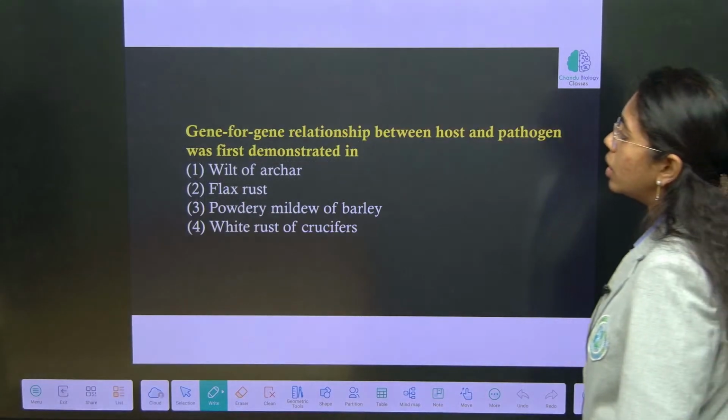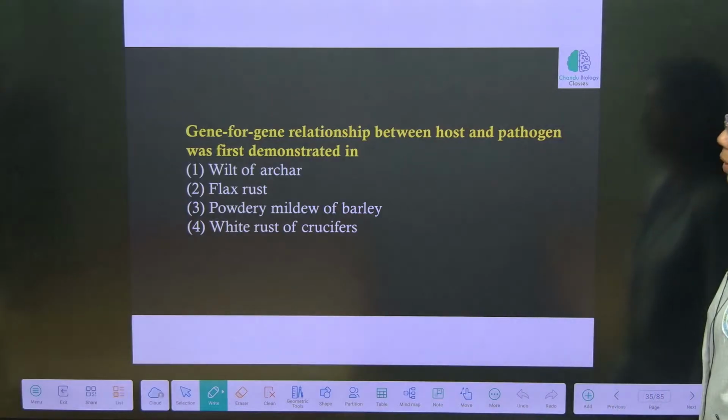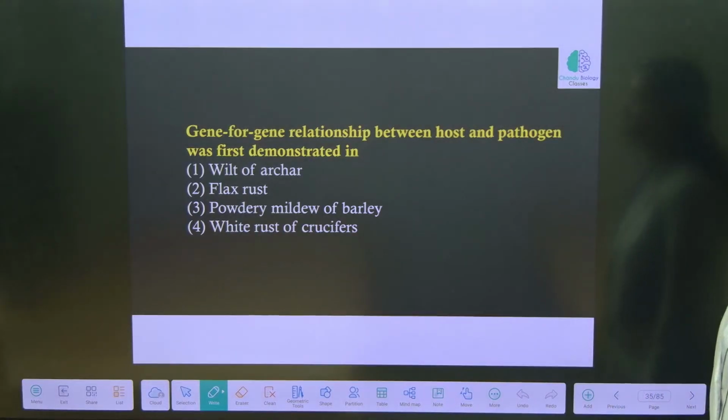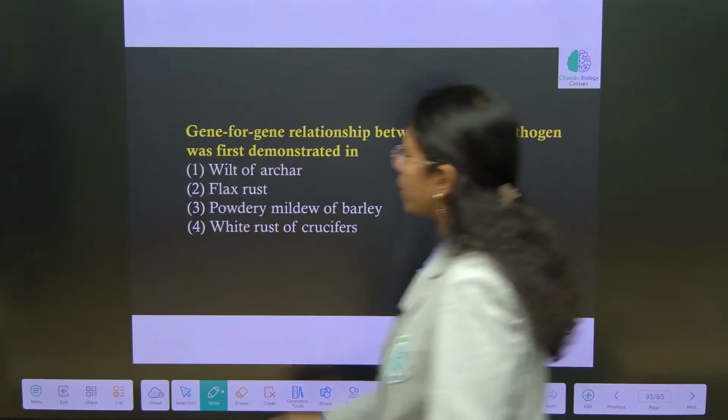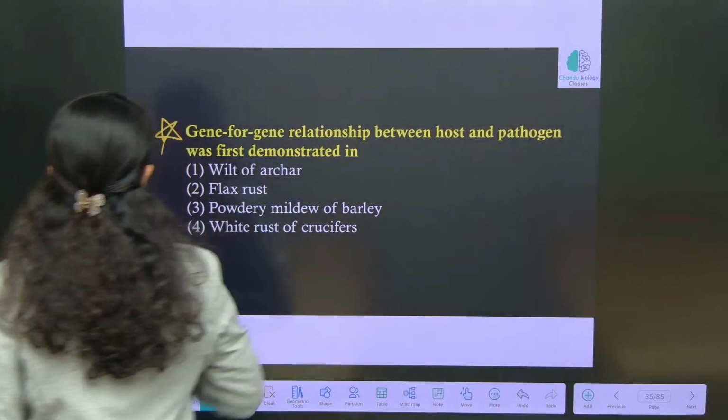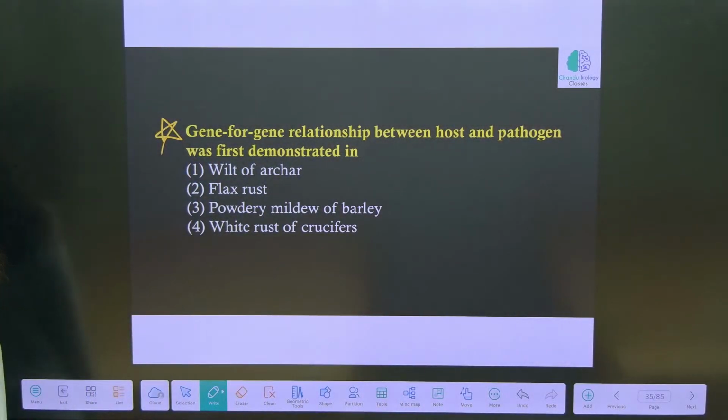Next, gene for gene relationship between host and pathogen was first described by. It is first described by. Described or demonstrated in.